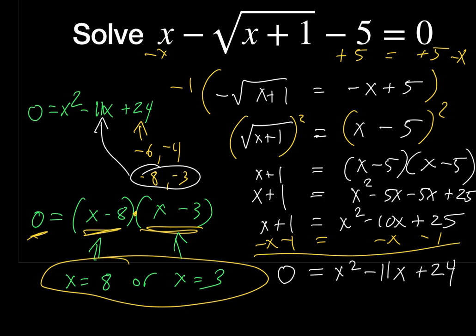Now, if you did not know how to factor down here, it's completely acceptable to use the quadratic formula. Negative b plus or minus the square root of b squared minus 4ac all over 2a equals x. 100% not a problem. You probably need to write down the actual quadratic formula to make sure you don't have anything wrong.